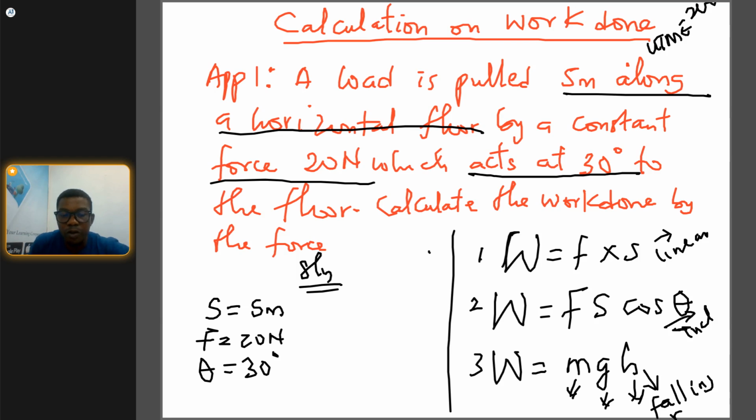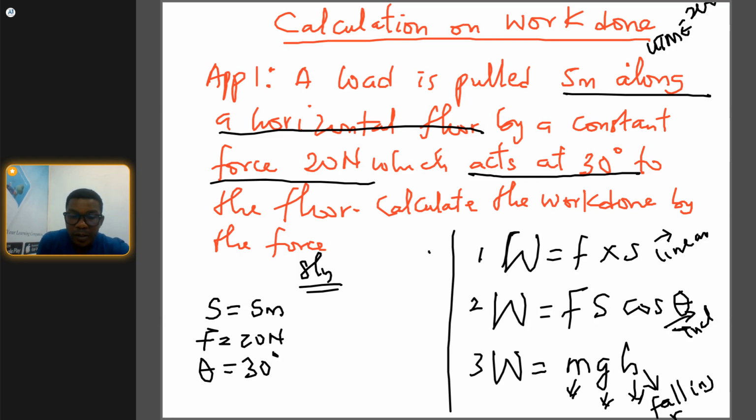Is it formula 1 or 2 or 3? I'm waiting for your response.